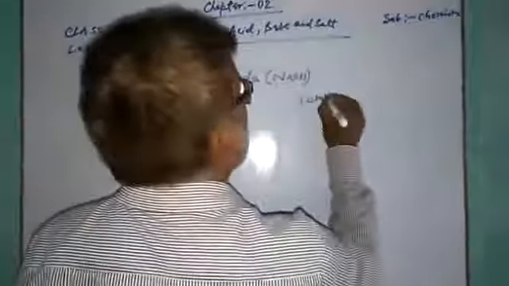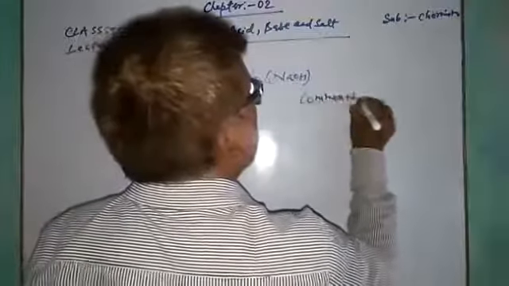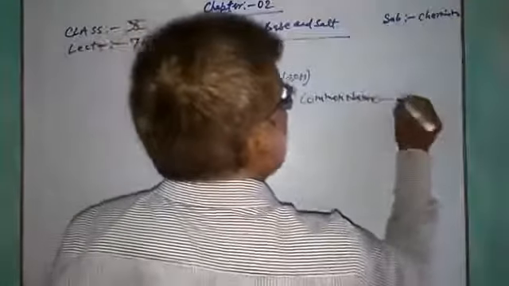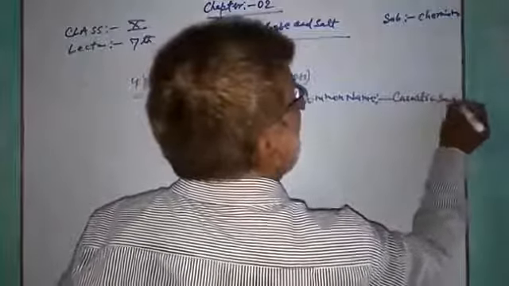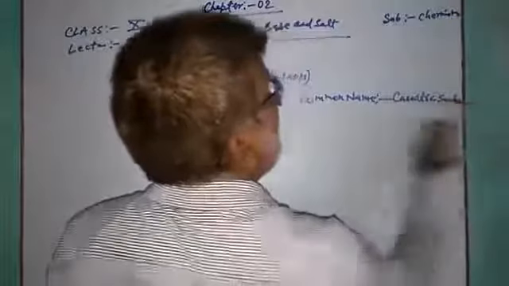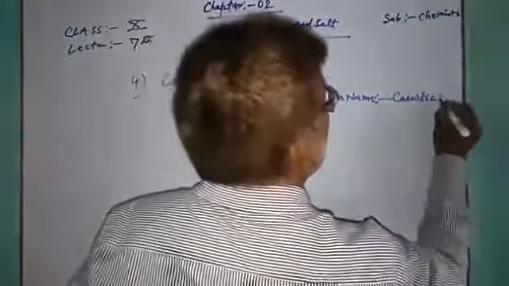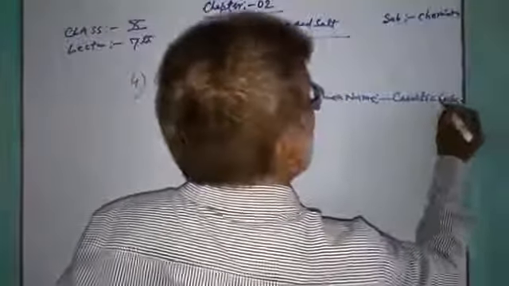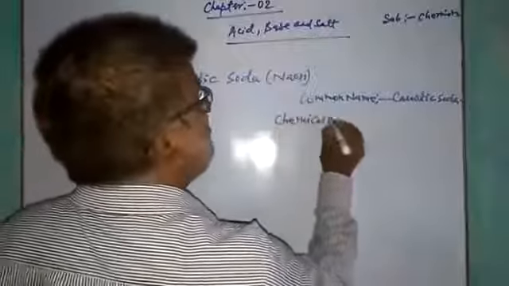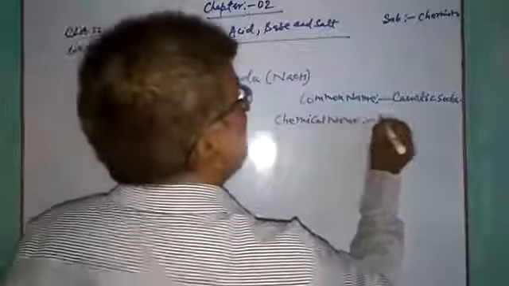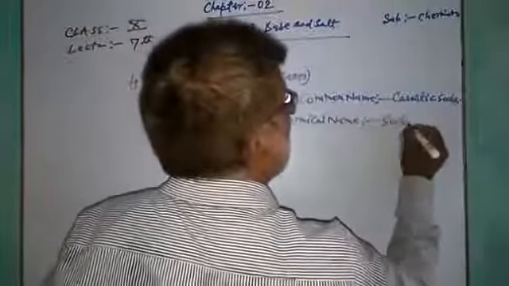Common name: caustic soda. Chemical name: sodium hydroxide.